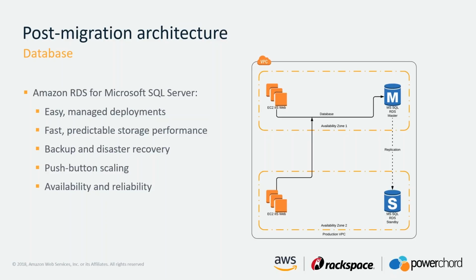With RDS, you can do multi-AZ deployments that let you automatically provision a primary database in one availability zone, and then maintain a synchronous standby in a different availability zone. In the event of a planned maintenance or an unplanned disruption, RDS automatically fails over to that secondary, that standby MS SQL RDS host. So that allows your database operations to resume quickly without manual intervention.